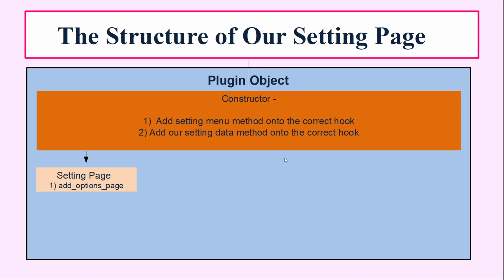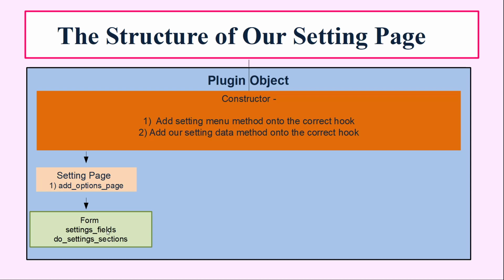The first hook, we're adding our setting page using the add options page WordPress function. And then we are creating a template. We made another method to create a template, and that template had a form, and then we had 2 WordPress functions, settings fields and do settings sections.